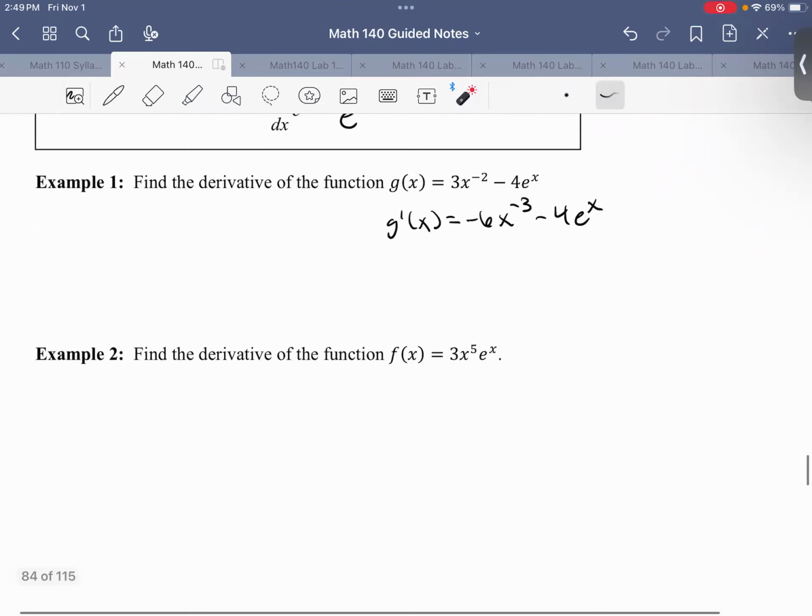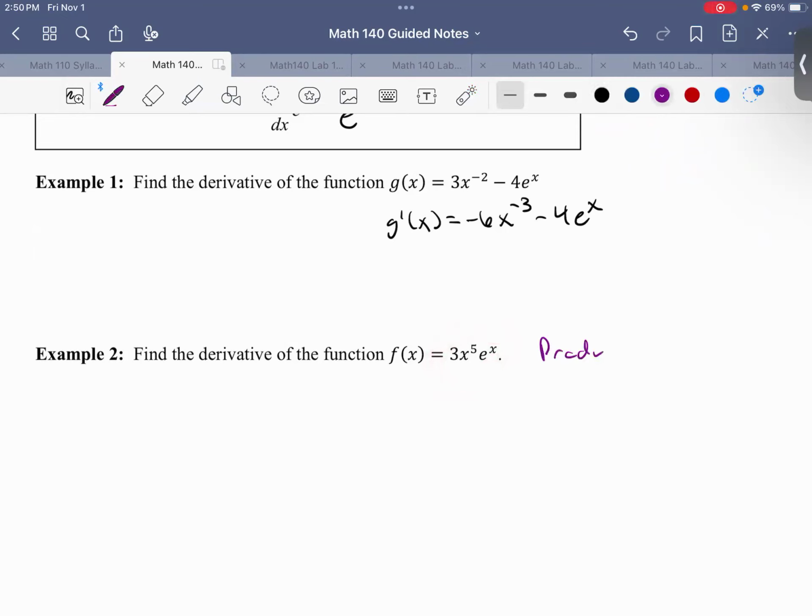Find the derivative of 3x to the fifth times e to the x. In this situation, we have two functions multiplying each other, so we need the product rule. Recall that it's f g prime plus g f prime.